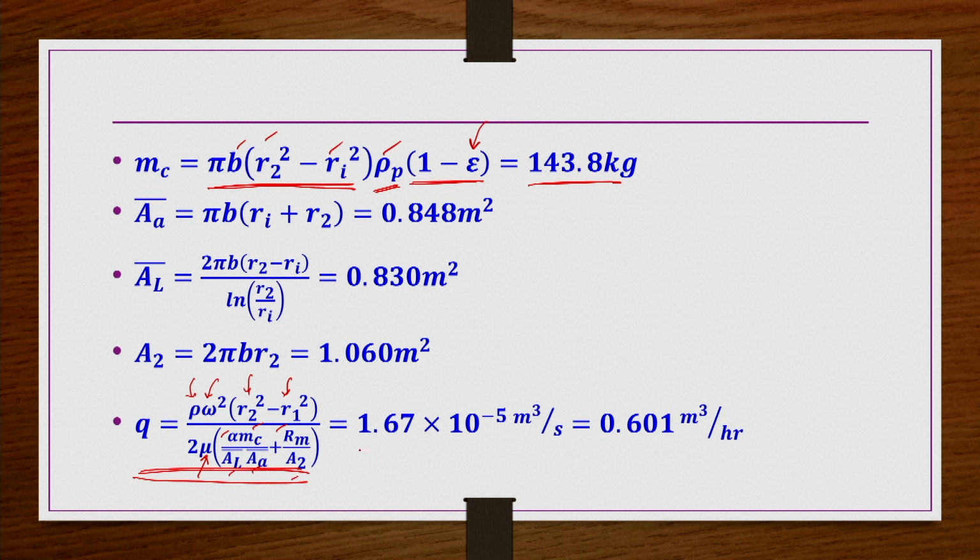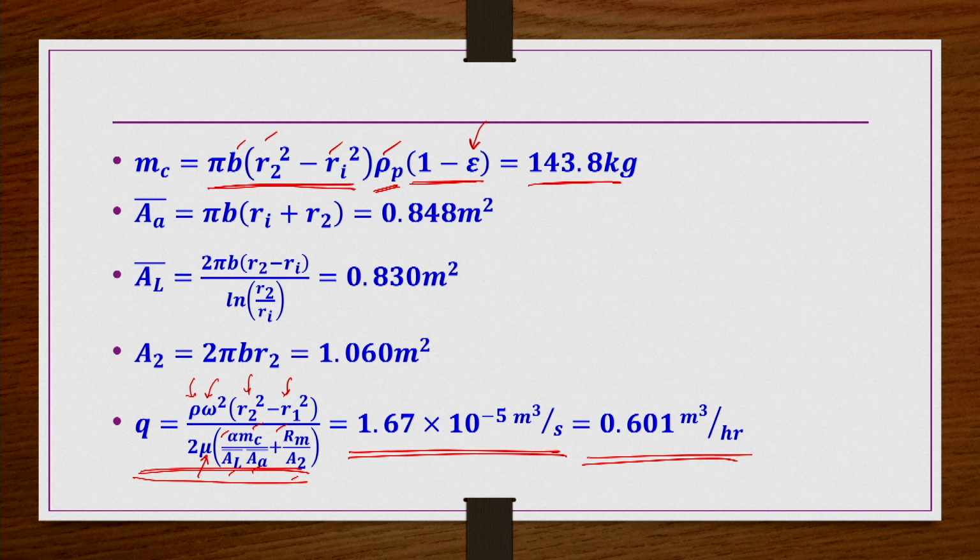You substitute all these numbers here and you get Q as 1.67 into 10 power minus 5 meter cube per second. To make it per hour, you multiply it by 3600. When you do it, you get 0.601 meter cube per hour.